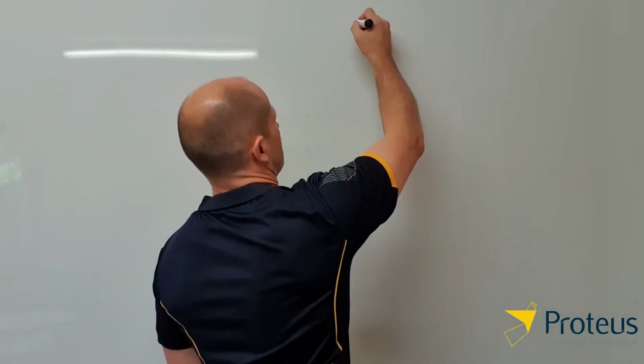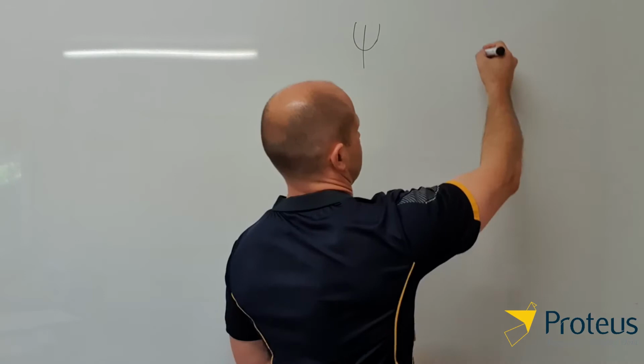So for example, suppose in occupancy modelling, with a single season occupancy model, we have two parameter types. We have one parameter that we call psi for modelling occupancy. And then we have a second parameter for detection, which we usually denote as P. Well, at least I do.